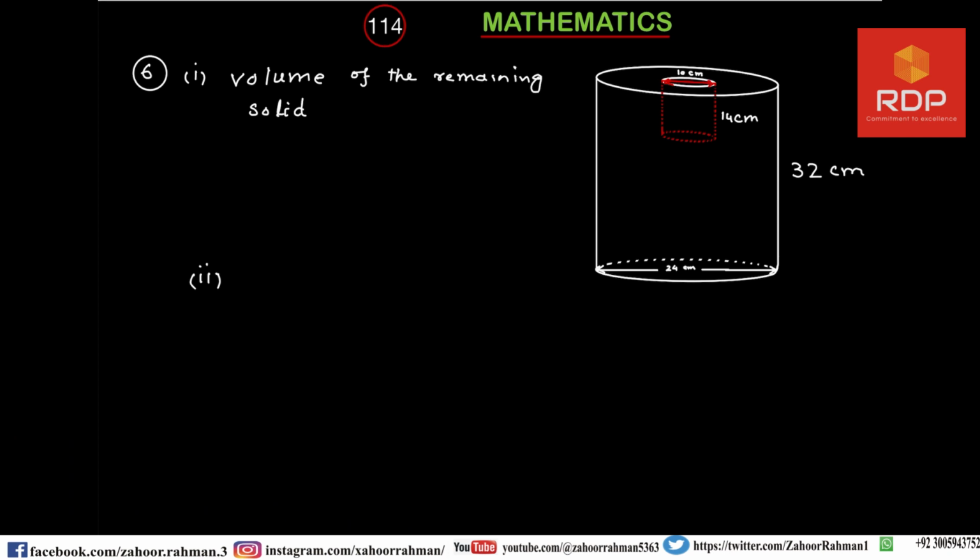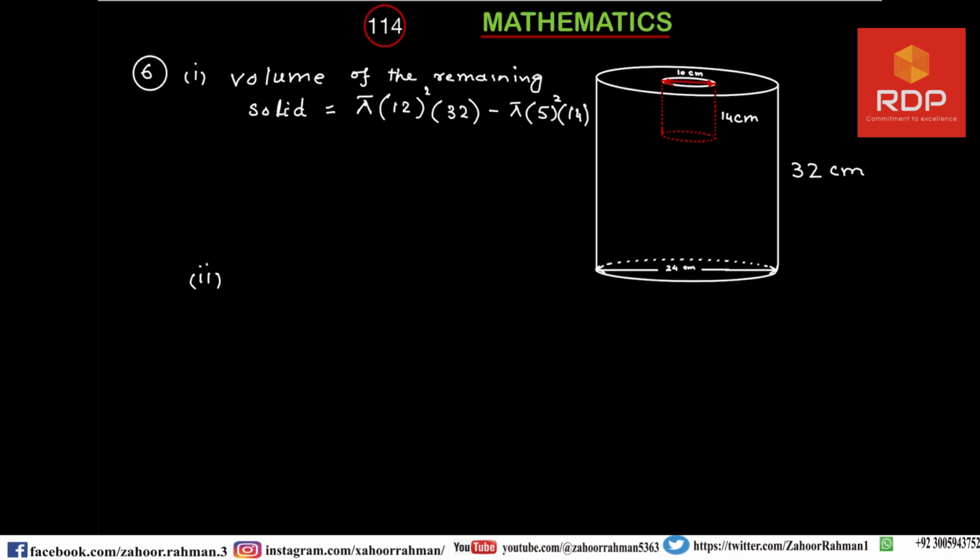First we have to find the volume of the larger solid, which is in white, and R in this case is 12 square and H is 32, and then we have to subtract pi and 5 square and 14, which is the red one.